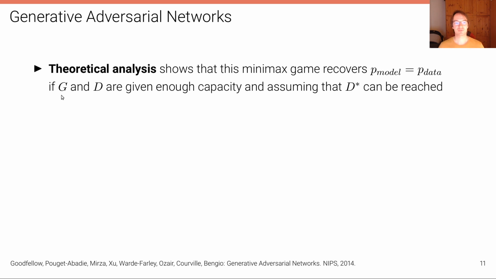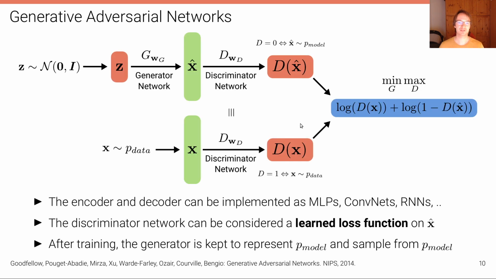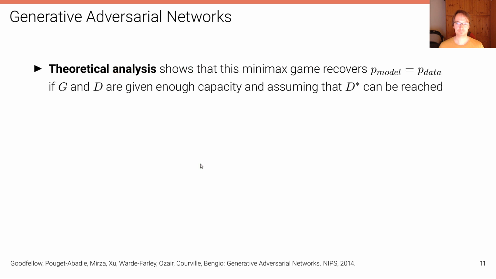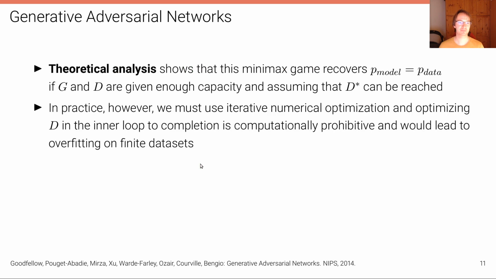Some of these assumptions are that G and D, these two networks, are given enough capacity, and that D star can be reached. So the optimal discriminator in each inner iteration can be reached for every update we do to the generator. We'll talk more about this later.